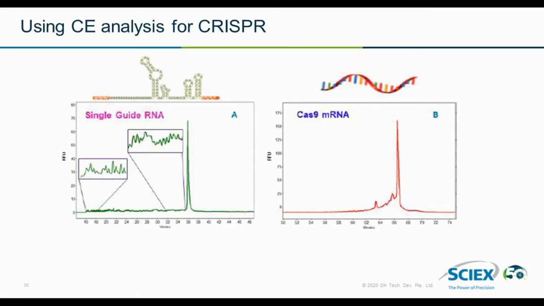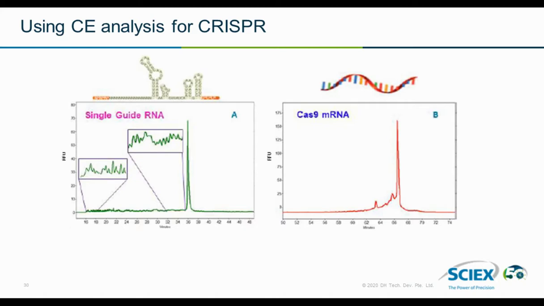So how is CE being used in different types of RNA therapy research? Well, it's been used for a variety of different sizes of RNA, and this just shows you an example of CE being used in the CRISPR-based products. And here you tend to combine two molecules for the CRISPR therapy, and you have a single guide RNA and a Cas9 messenger RNA.